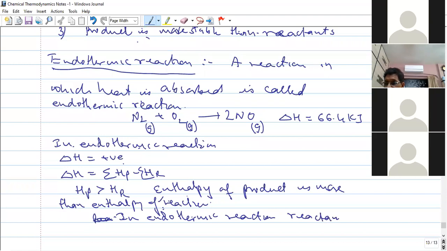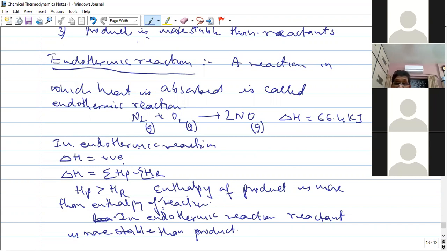Very good. Reactant is more stable than product. So this is endothermic reaction.